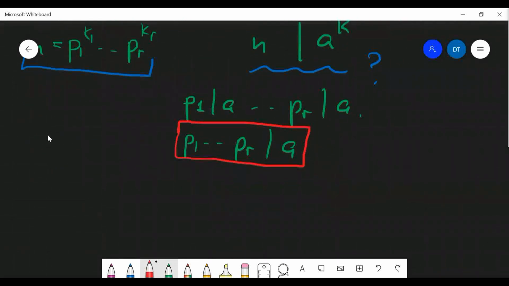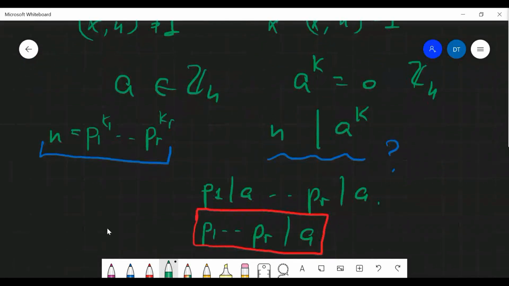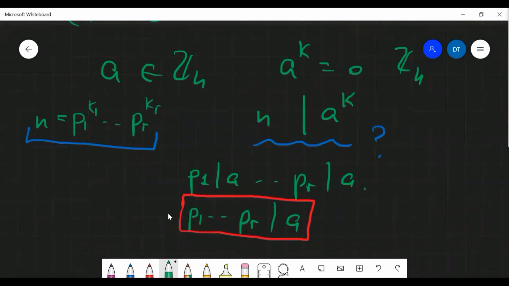Let me summarize what's going on here. First of all, if p1 through pr divide A, then when you raise A to the maximum of all these powers, this becomes 0 in the end. And if at least one pi doesn't divide A, it doesn't matter how high you take this integer k to be, you will never get this prime factor inside of this power.